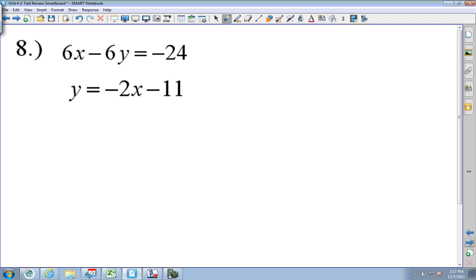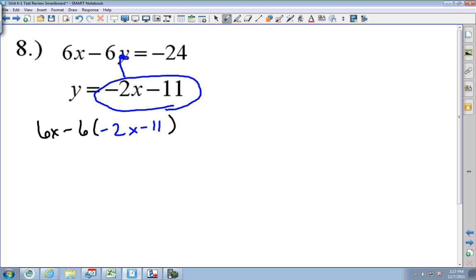Next one. Circle what y equals. We're going to substitute and put it in there for y. So I get 6x minus 6 times negative 2x minus 11 equals negative 24. This 6x just comes down. Then I have this where I'm multiplying it by the distributive property.